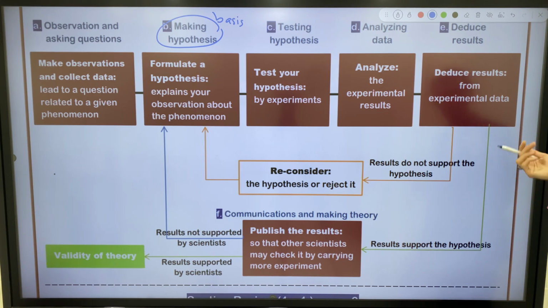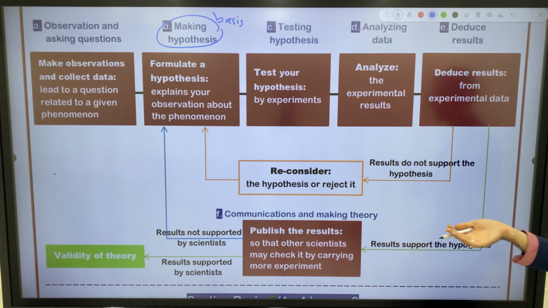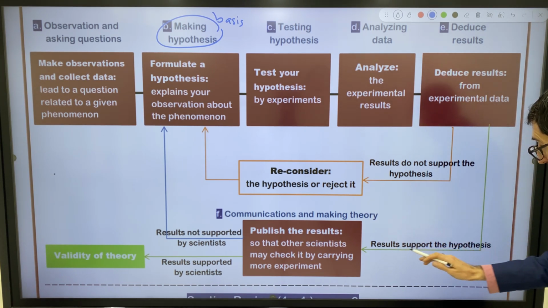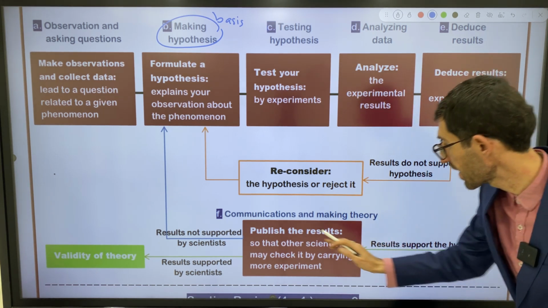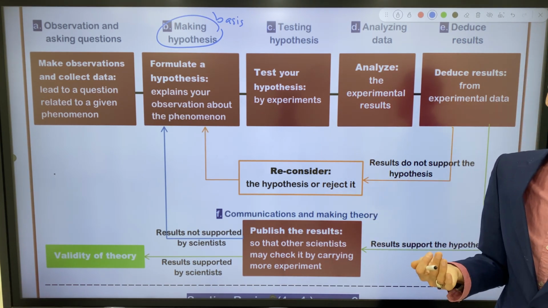Maybe the results of the experiment support the expectation of the hypothesis. In this situation, I drew it with a green arrow. The results of the experiment support the hypothesis. In this situation, the hypothesis becomes the theory, right?